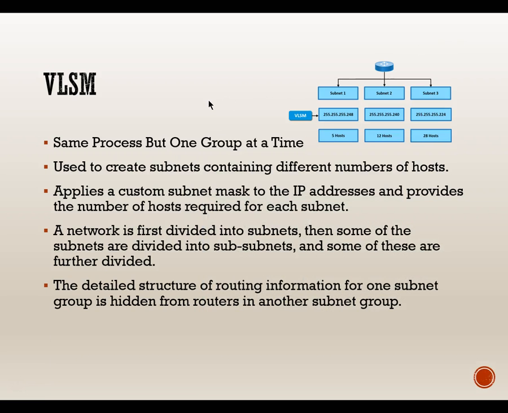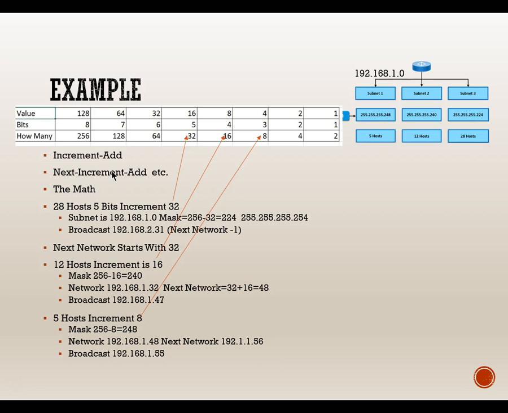And again, there's a video that goes through the same process that will be part of this. Same process applies. A custom subnet mask, a network is divided, and then we did the dividing. And this is the example here. We talk about 28 hosts, 5 bits, 32 would be the increment. The subnet is 192.168.1.0.